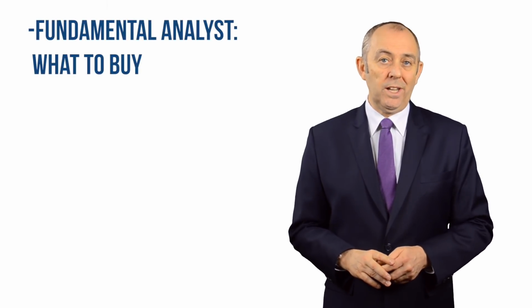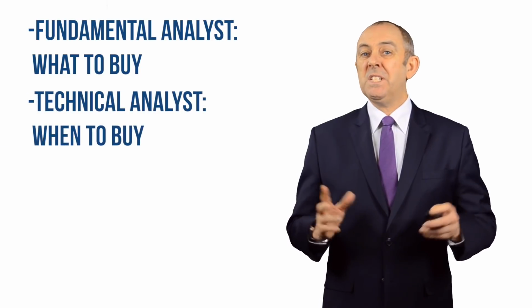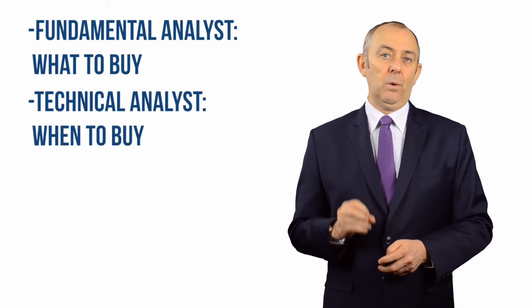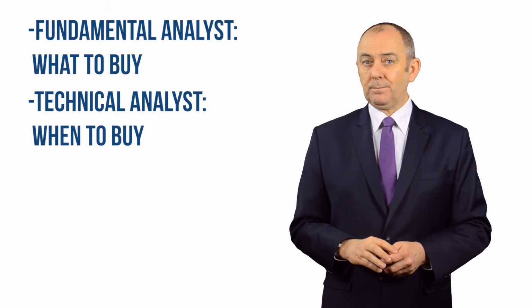Fundamental analysts assume that the market is mispricing a stock over the short term, but that the price of the stock will correct itself over the longer run, meaning they are working out if a stock is over or undervalued. So the fundamental analyst is looking at what to buy or sell. The technical analyst is looking at when to buy and sell, and here is the value in why I use both in my trading.